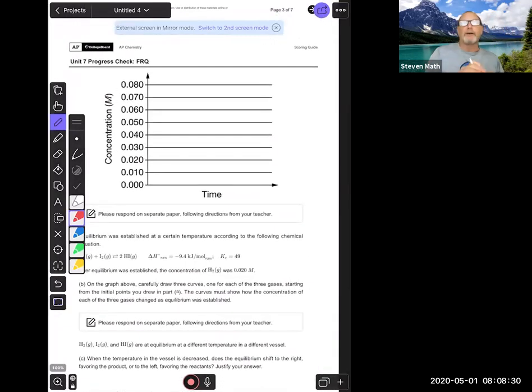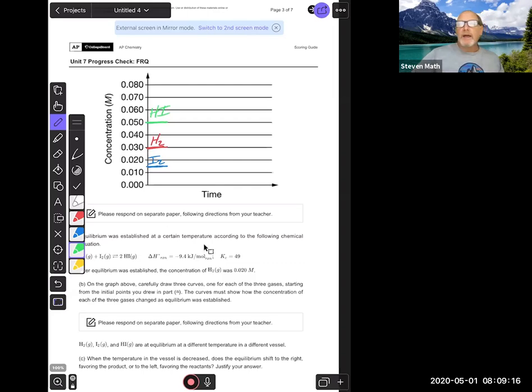I got to be looking at the data on one thing and the graph on the other. So the partial pressure of H2 is plotted at 0.30. Boom, there's H2. The I2 is going to be plotted at 0.15. And I'm pretty sure it wants these labeled. And HI is plotted at 50. So we'll make him green. HI is plotted there.